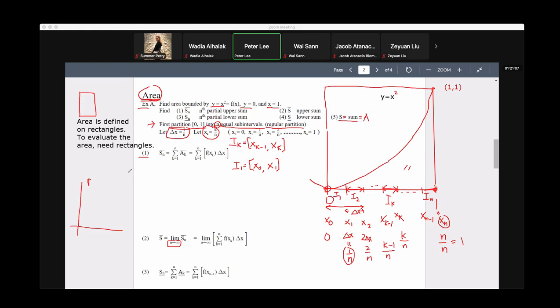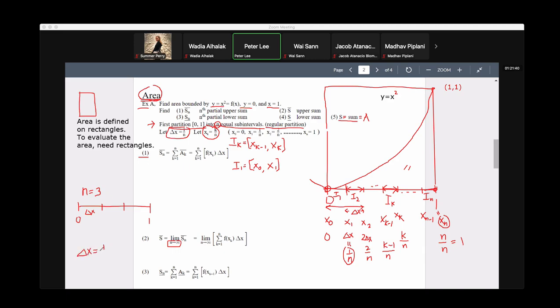When n equals 3, how does the interval, how does the x look like? If n equals 3, that means this is 0, and this is 1. And we chop it up into 3 equal intervals. We get this. Then what is the delta x here? The delta x will be, of course, 1/3.